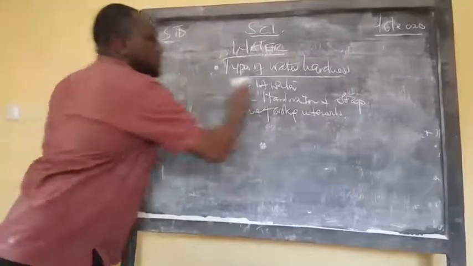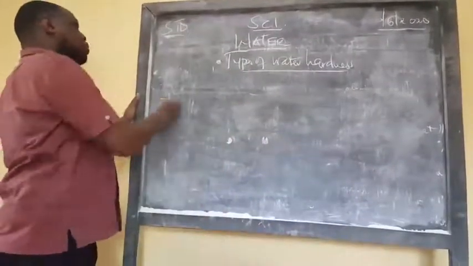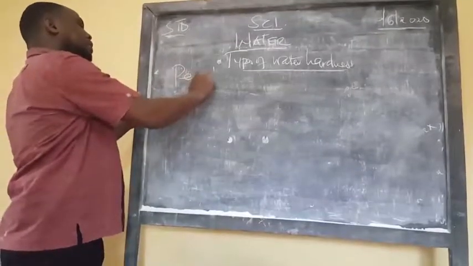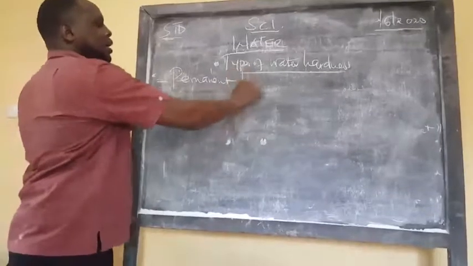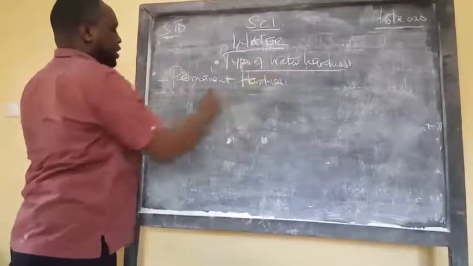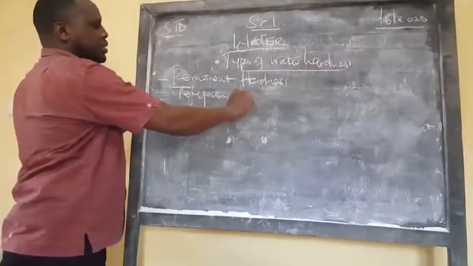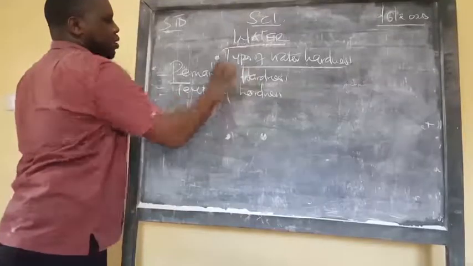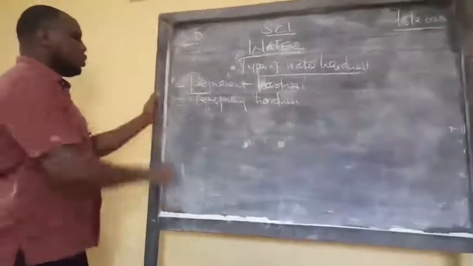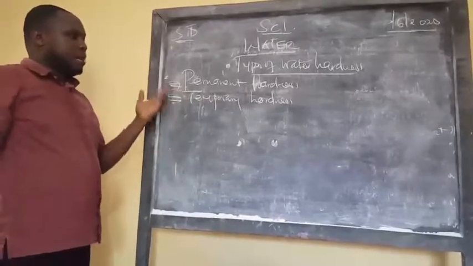Now today I want us to discuss the types of hardness. The hardness are two. They are called permanent water hardness and temporary water hardness. So we want to know the ways of removing this hardness.